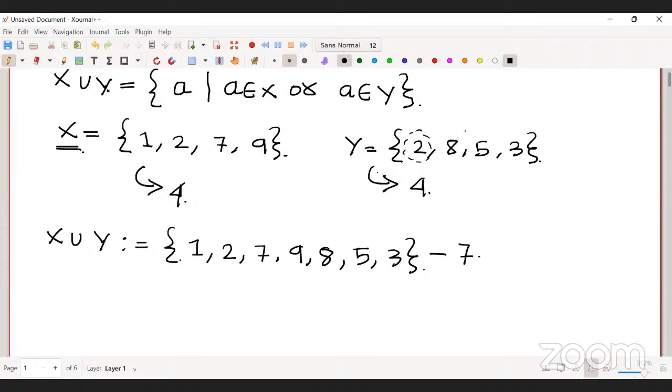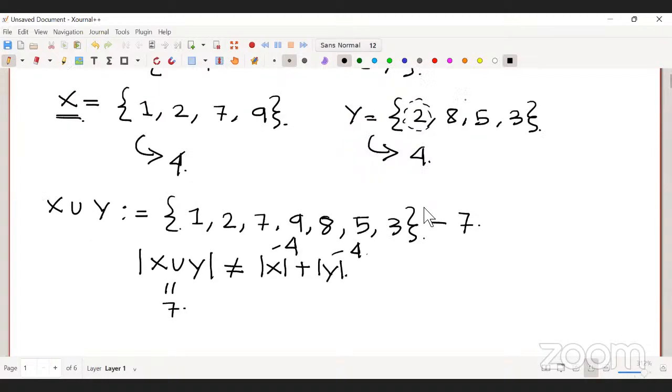So one thing you can say from here is that the cardinality of X union Y is not equal to the cardinality of X plus the cardinality of Y. The cardinality of X union Y is 7, while the cardinality of X is 4 and Y is 4.